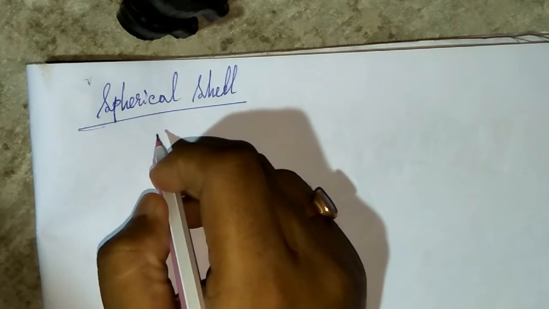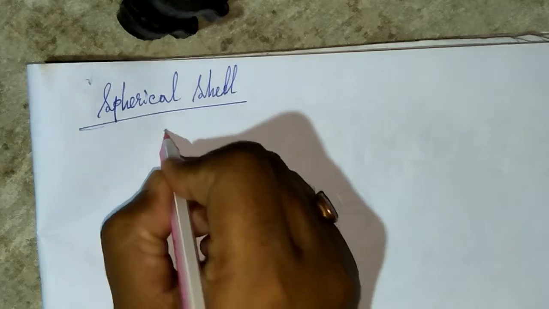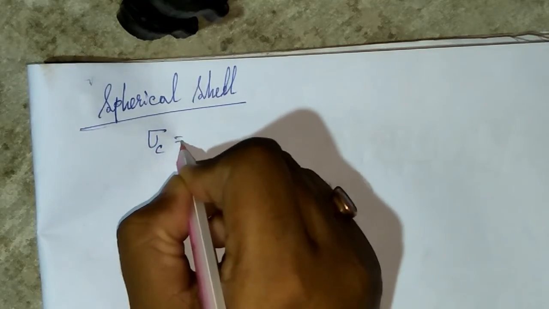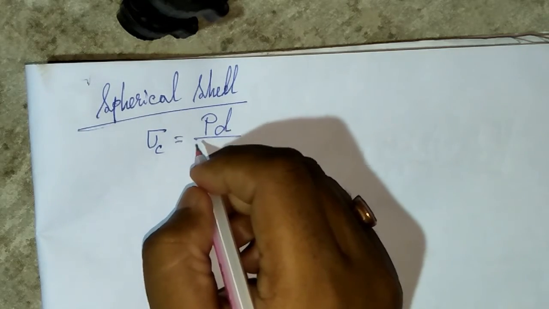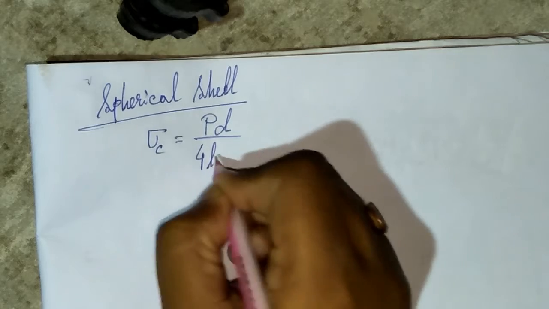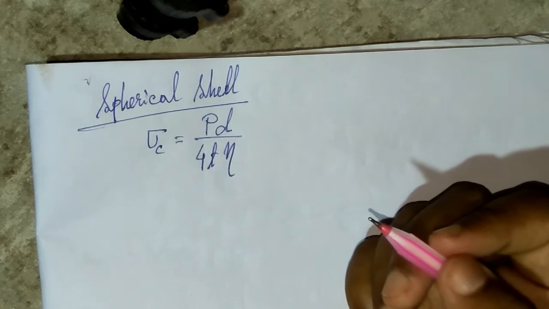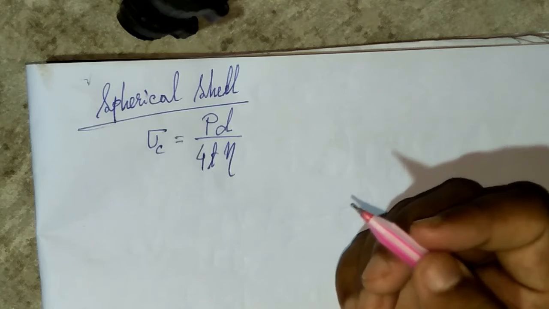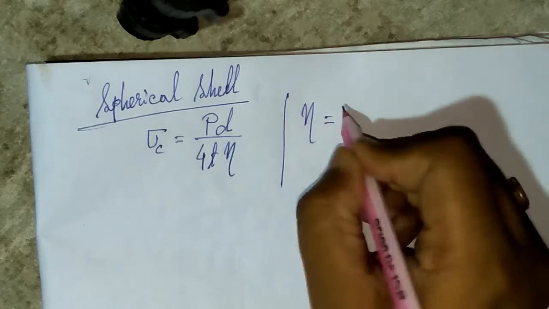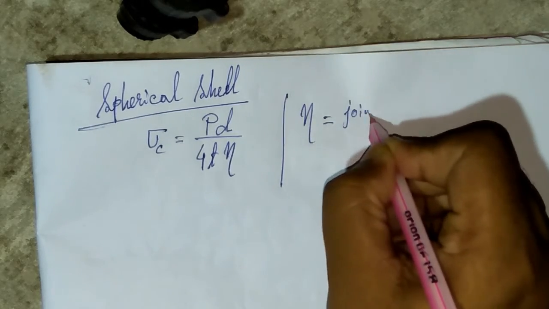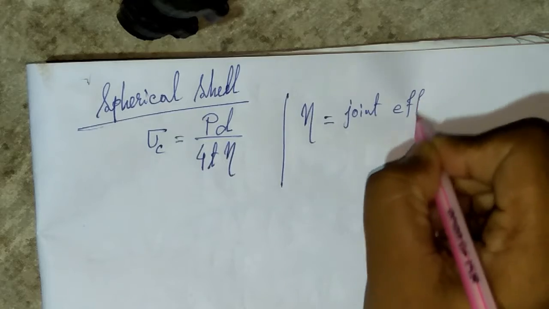Similarly for a spherical shell, the value of sigma C, that means the circumferential stress or hoop stress, is equal to PD by 4T into eta, where eta is the joint efficiency.